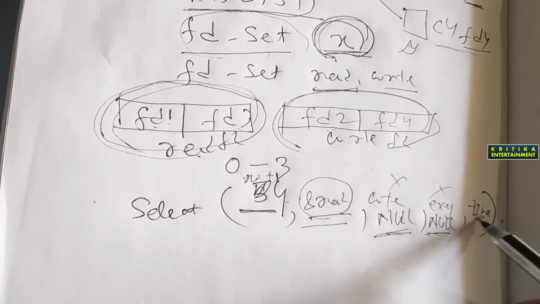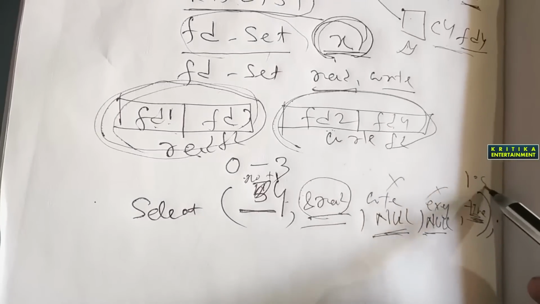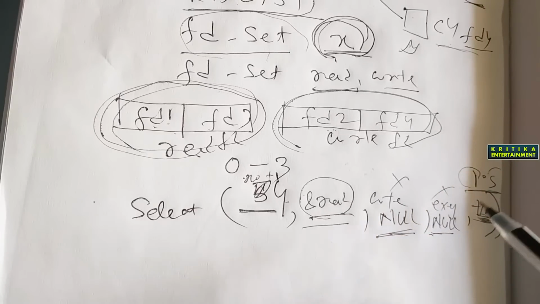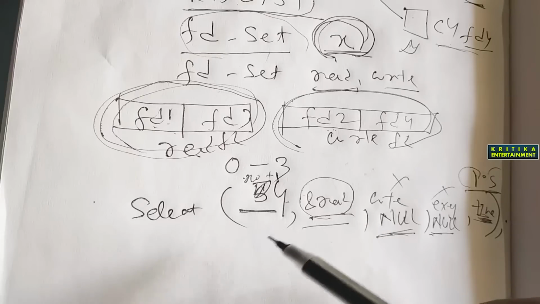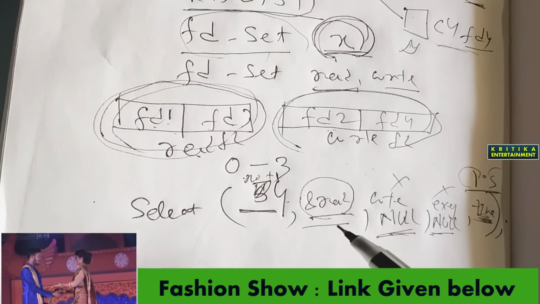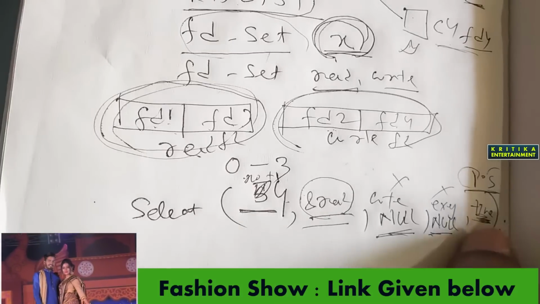Then here we will pass the time value. Suppose I give 1.5, that means 1.5 seconds. Select will again check which FDs are available to read data from the client.